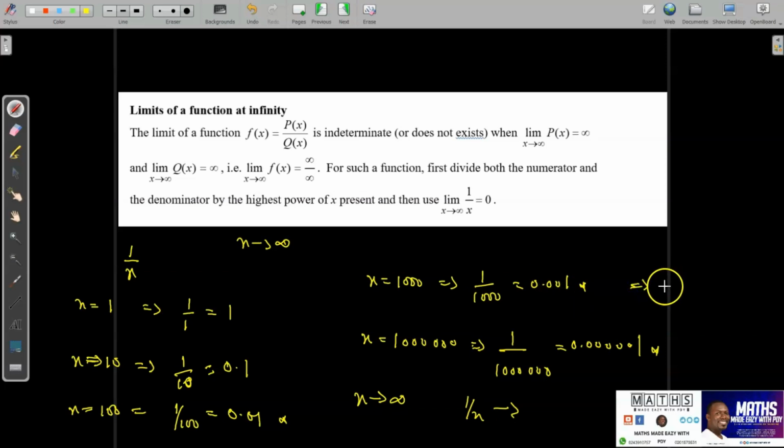So this is approximated to 0. This is equally approximated to 0. Likewise, this is also approximated to 0. So it means that when you have x approaching infinity for the function 1 over x, it will also be approaching what?